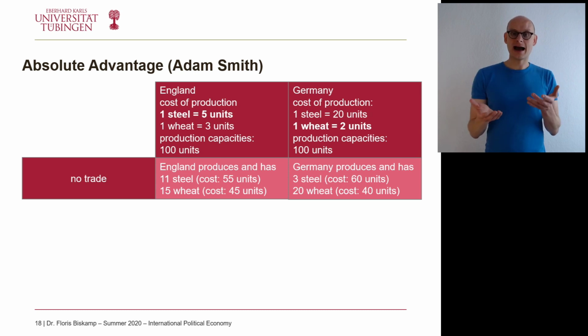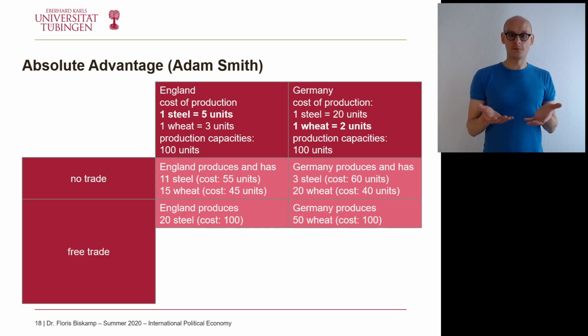Germany, however, has more difficulties producing steel, so they have to invest a full 60 units to produce only 3 units of steel. However, producing wheat is so easy in Germany that they only have to invest 40 units and still have 20 units of capacity left to produce 20 wheat. And because there's no trade, their own production is what they will end up with.